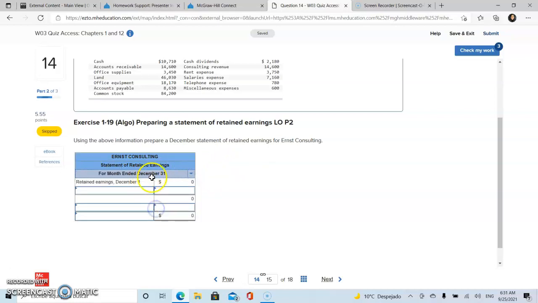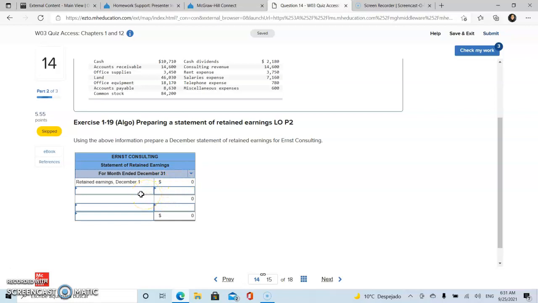So we're gonna go ahead and choose that one. So in this second line, the retained earnings by December 1st, and it will be the amount of 0 because this is the first year of business of the company.